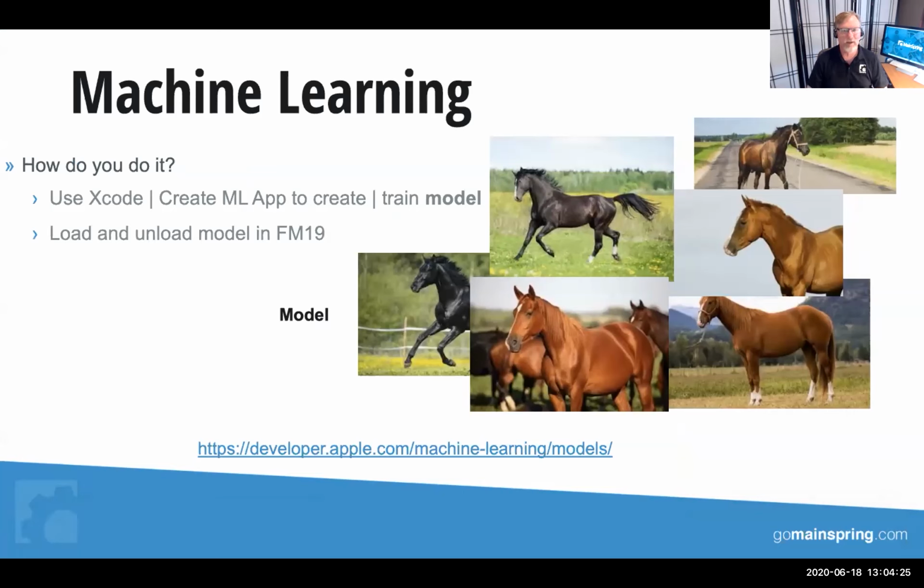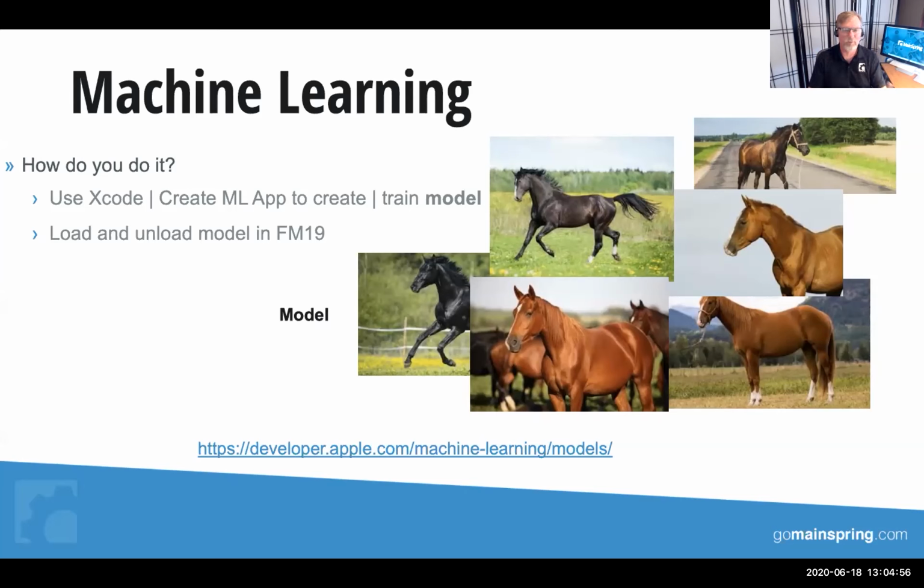FileMaker doesn't have the ability to have this model trained within FileMaker, so you have to go to the Apple site, and you have to use Xcode and a product within Xcode called Create ML App to create and train the model. Well, when you're running this application, how do you train it? How do you say this is a horse?